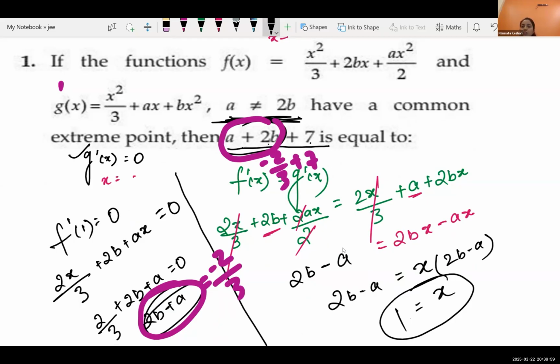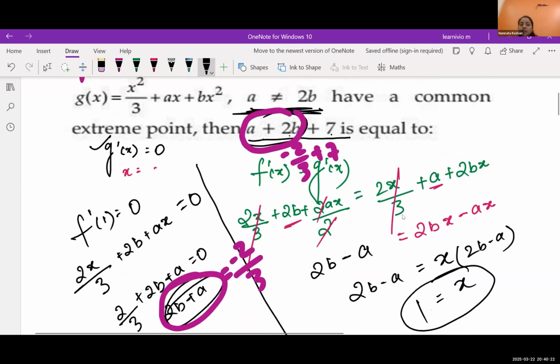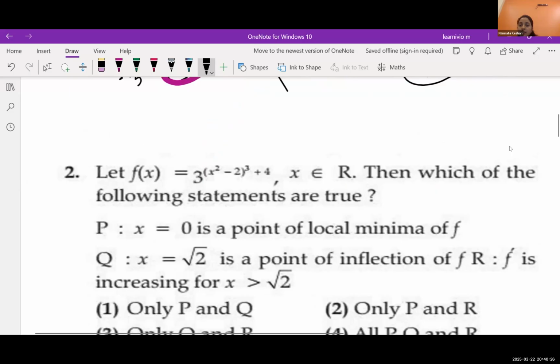When you see a question bank, sometimes the coefficients, the numbers in front of x square, will be misprinted or wrong here and there. So the fundamental concept which we need to use for this type of question, that is clear to you? Even if the coefficients are here and there, you just need to do it this way. That's it.